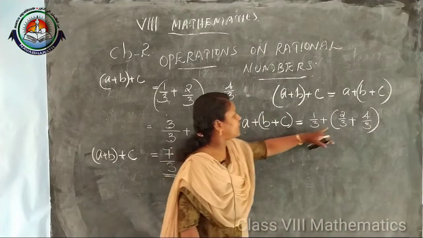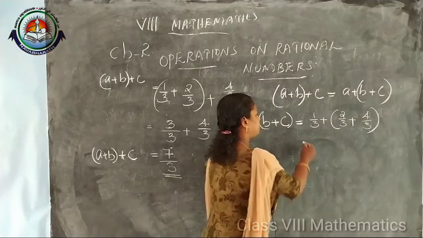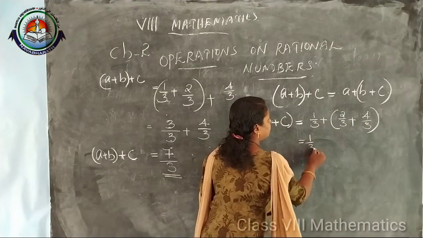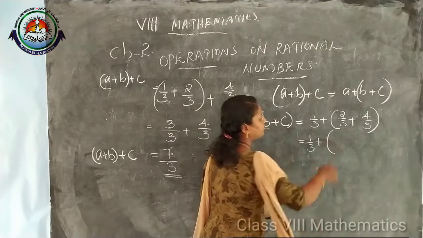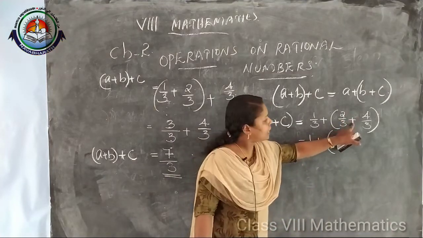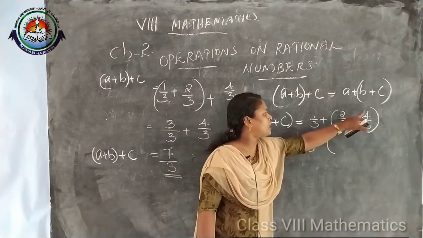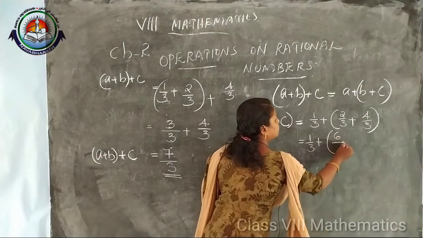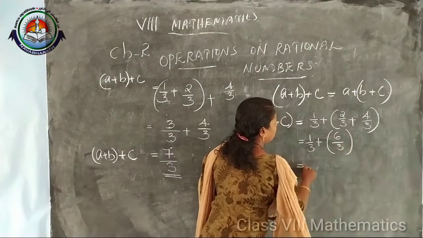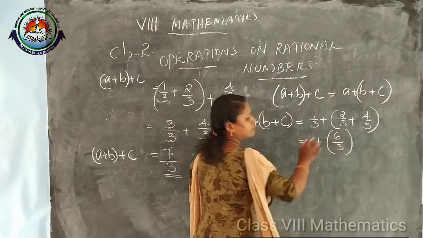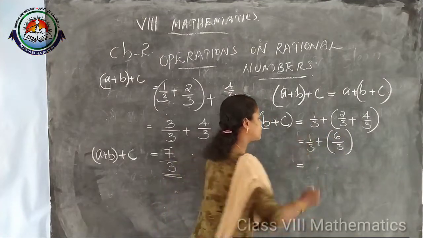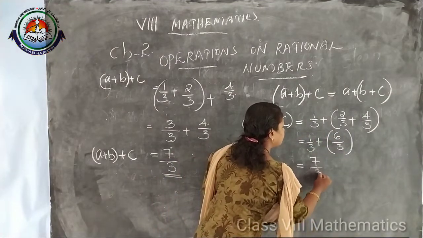Then first we are adding B plus C. 1/3 plus 2/3 plus 4/3. 2 plus 4 is 6/3. Then 1/3 plus 6/3. 1 plus 6 is 7/3.